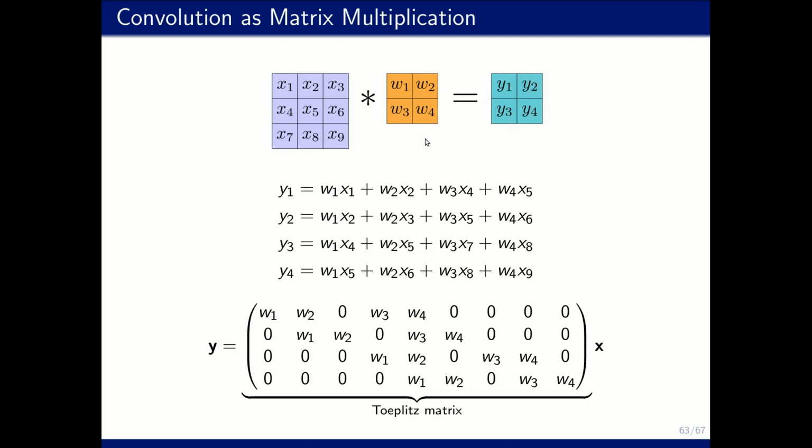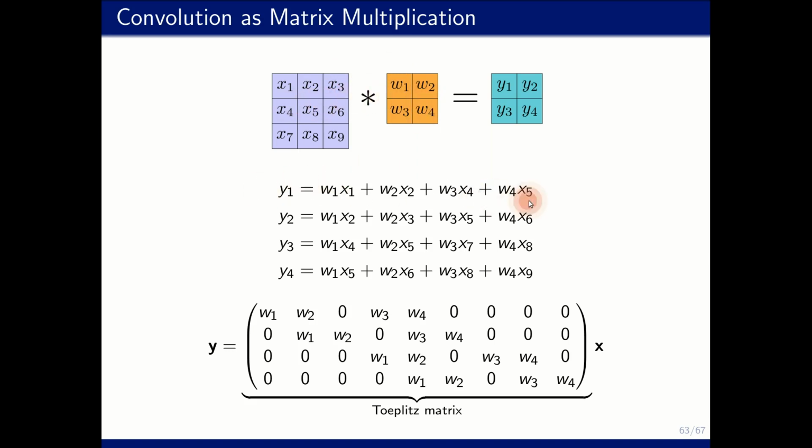Here we don't apply zero padding, so we just apply the vanilla convolution, and we have this 3x3 input, and we get this 2x2 output. Now if you look at the details, the output y1 is just given by x1 times w1, x2 times w2, x4 times w3, x5 times w4.